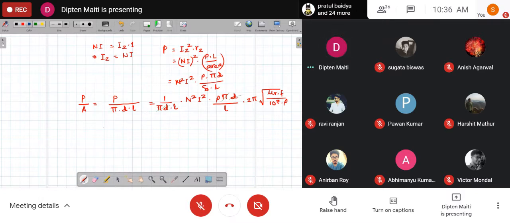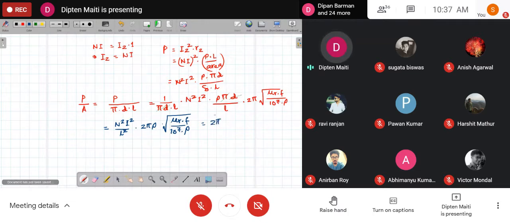So the relationship comes to be n square into I square divided by L square into twice pi, square root of mu r into f divided by 10 to the power 7 into rho. So this equals twice pi.